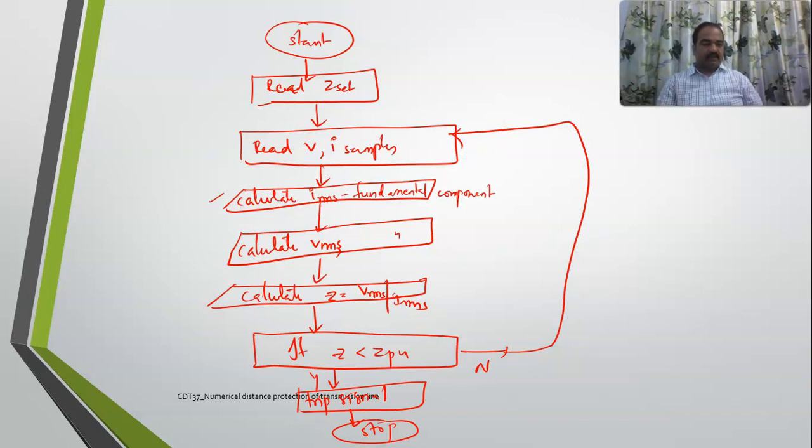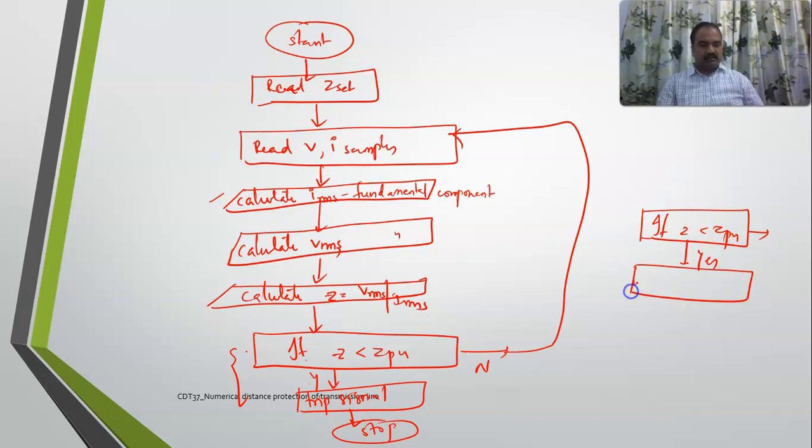Now let us suppose you want to include a time delay component, which means you need to wait. If you are in the backup protection, then even if you measure it, you need to provide a backup, right? So see this particular phenomenon, I'll show you. If Z is less than ZPU, yes, wait till the delay time.